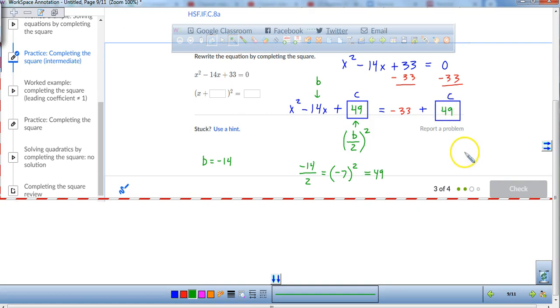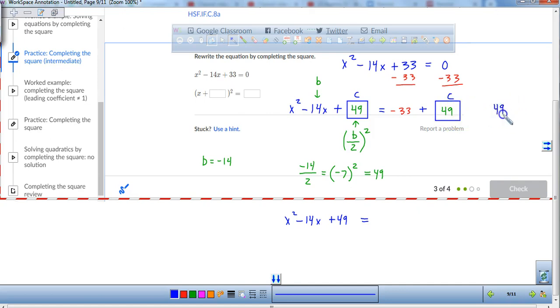So once again, for those of you who want me to go over it one more time, you take half that number, which is negative 7, and then you square it, and it becomes 49, as long as you put it inside parentheses. Parentheses matter. Okay? All right, now let's rewrite what we have here. We have x squared minus 14x plus 49 equals, and over here we have 49 minus 33.